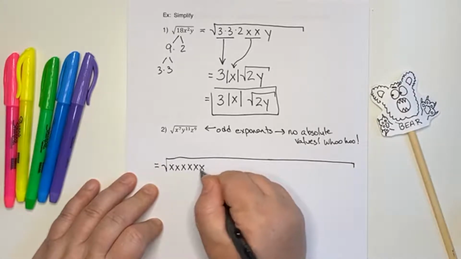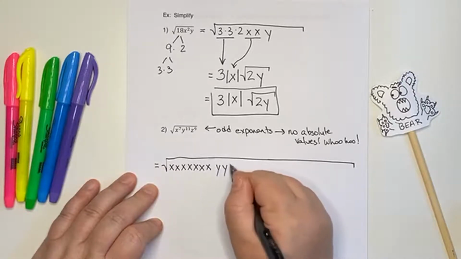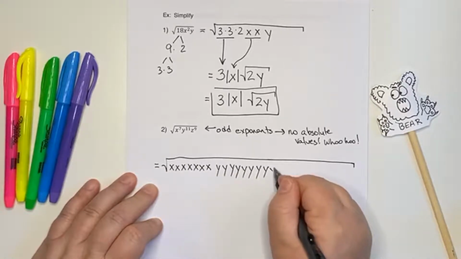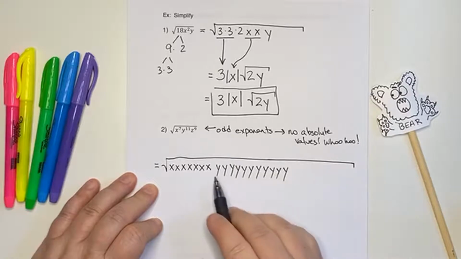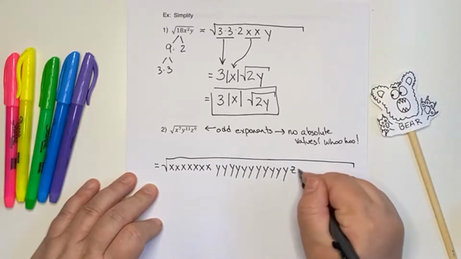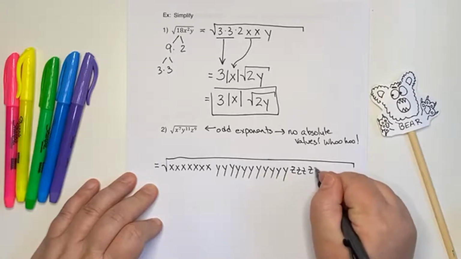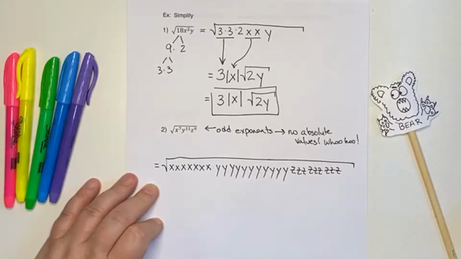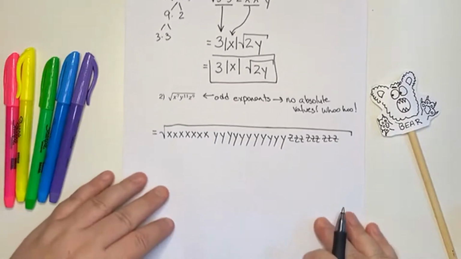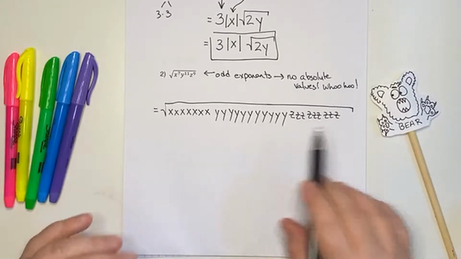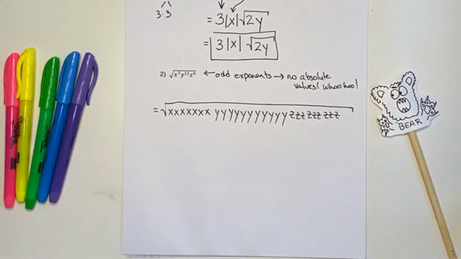Counting out the X's, Y's, and then Z to the 3, Z to the 6, Z to the 9. Oh my goodness, bear math can be very time consuming. And again, if you already have ideas about how to do this, you should do it differently. However, this is the best way for you.